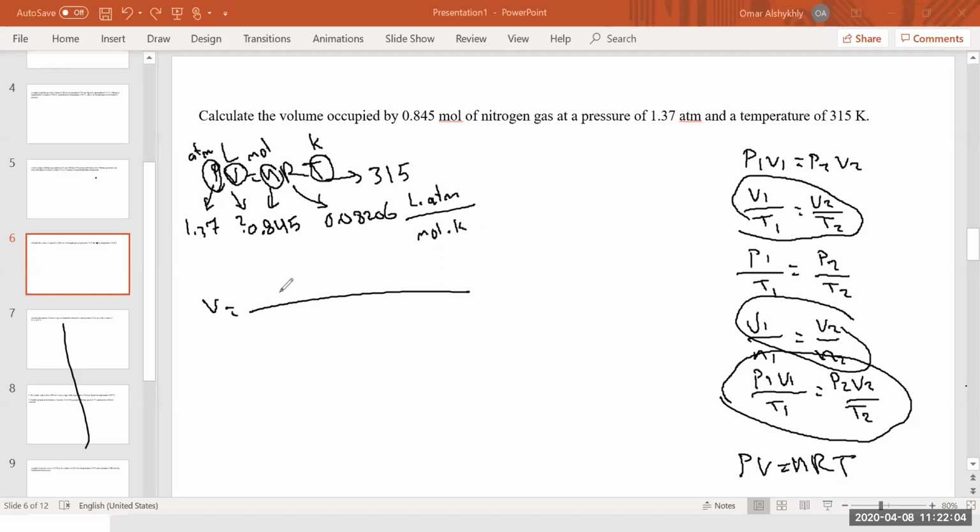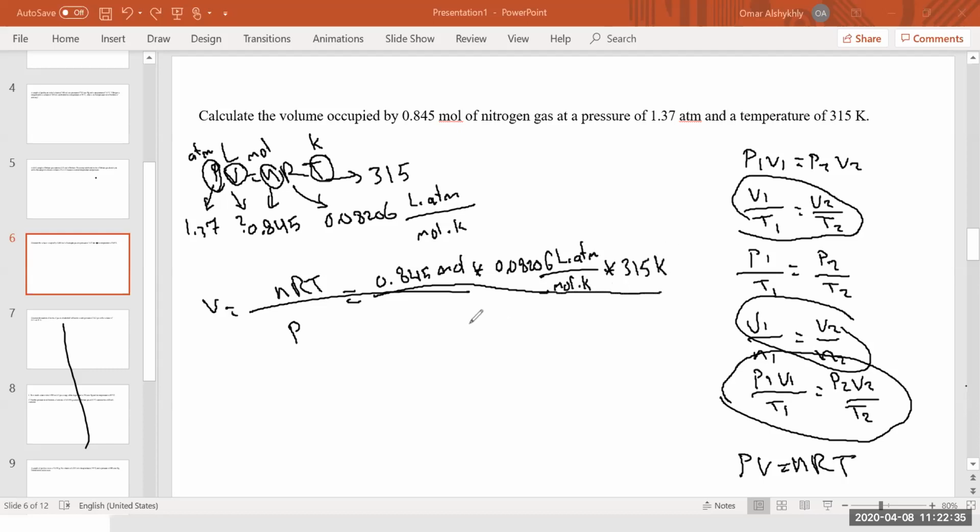Now here the volume will equal nRT divided by the pressure, and that will equal, so the n is 0.845 mole times the R, 0.08206 liter atmosphere divided by mole times Kelvin, times the temperature 315 Kelvin, and all these divided by the pressure, which is 1.37 atmosphere.